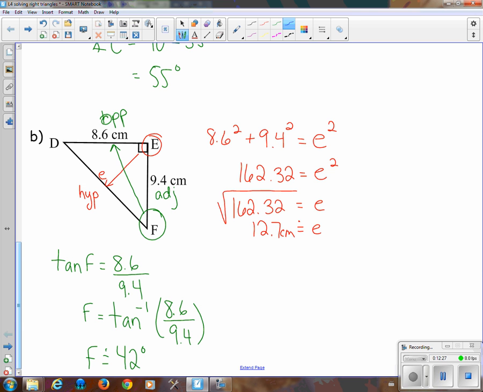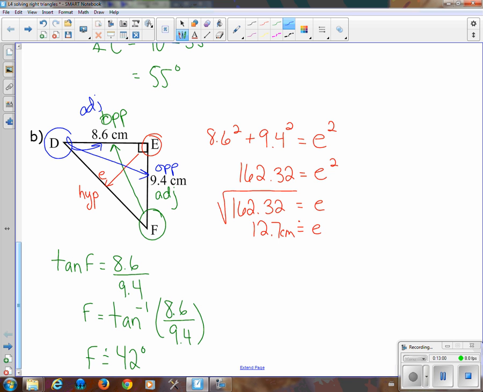And if I want to do the same thing I talked about earlier, trying to use the numbers you were given rather than numbers you were calculating, the numbers I'm given are 9.4 and 8.6. So if I want to figure out angle D, I would have to use trig again. Find angle D: 9.4 is opposite to angle D, and 8.6 is adjacent to angle D. So the opposite and adjacent change based on the angle you're calculating.